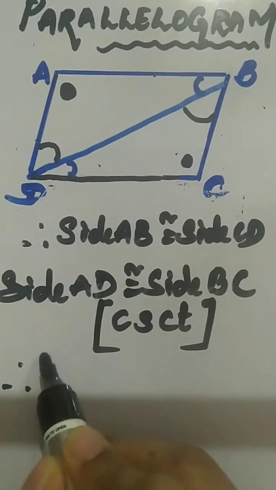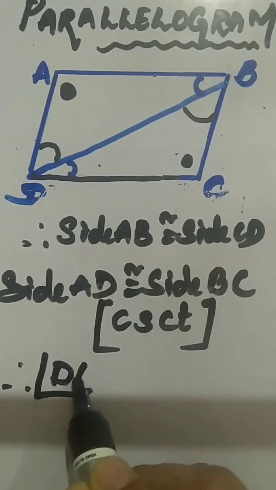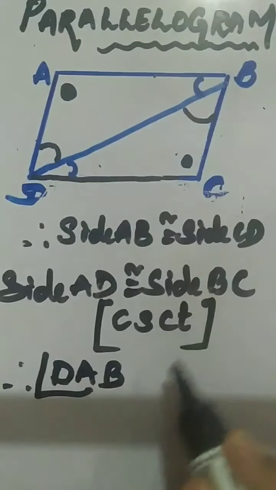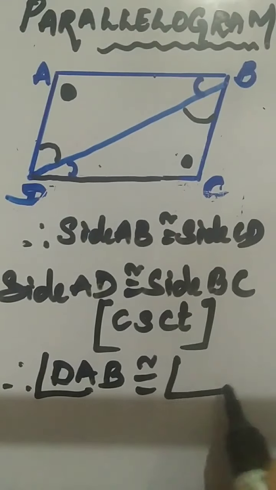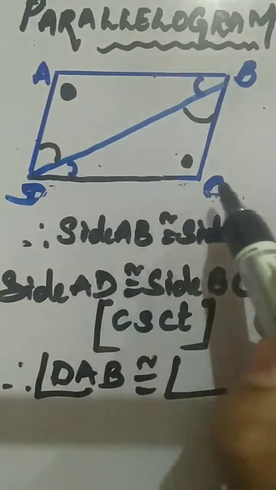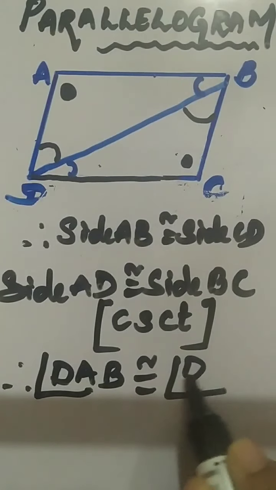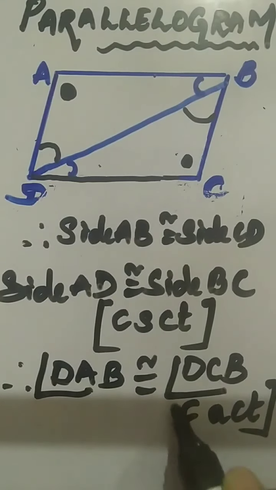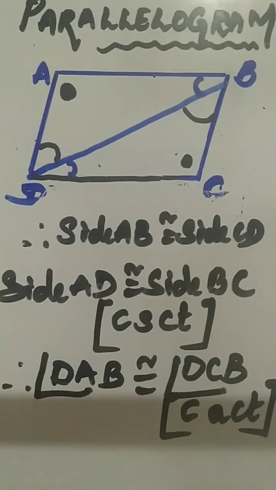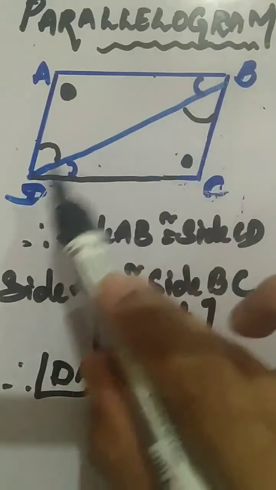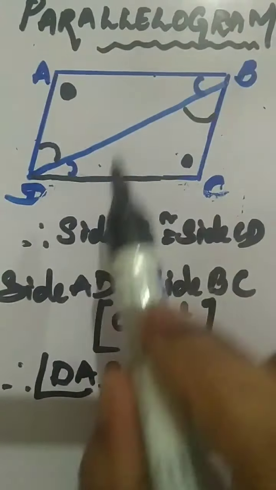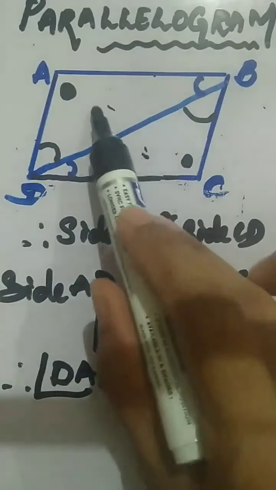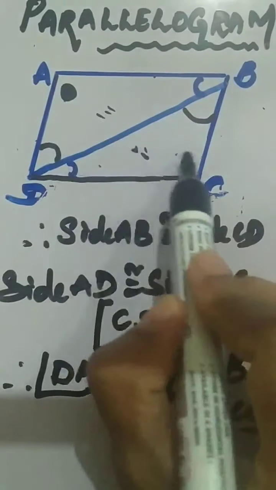So therefore angle DAB congruent to angle DCB. Reason: CACT, corresponding angles of congruent triangles. But can you take the other two pairs of opposite angles? No, because that is not part of the triangle. You proved these two triangles congruent, so we got these two angles.